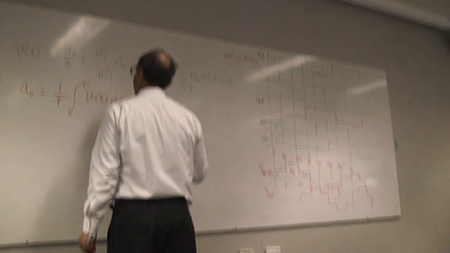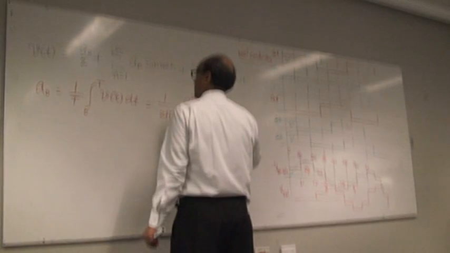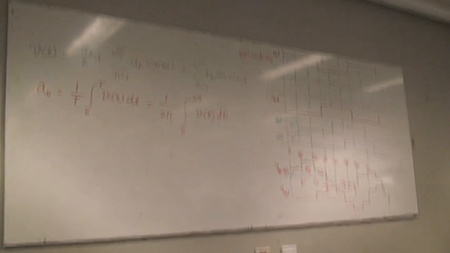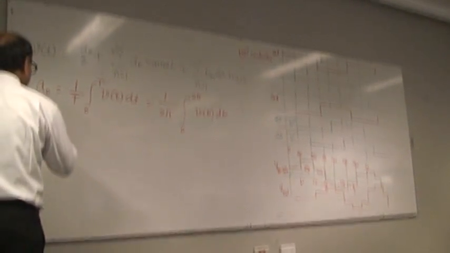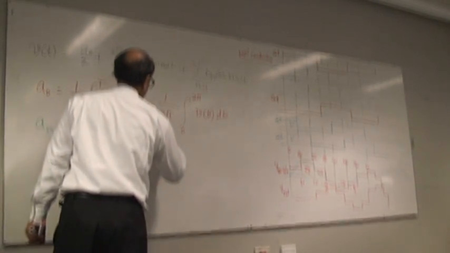So A0 will be 1 by T, 0 to T, v(t) dt. Or if your period is 2 pi, so 0 to 2 pi, v(theta) d theta. That you get as the average value. What is your An? So that is 1 by T, 0 to T, v(t) cos n omega t dt.